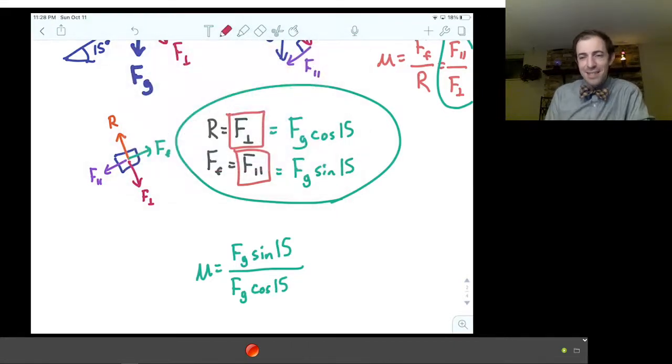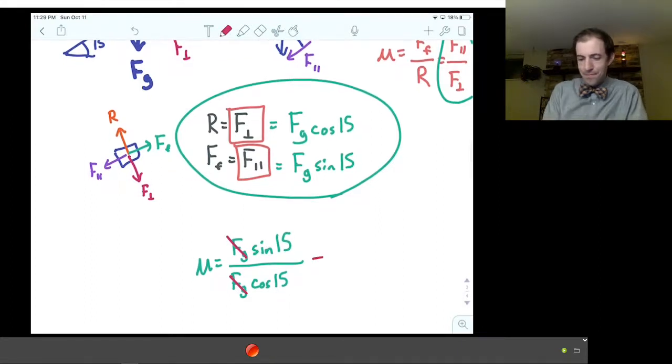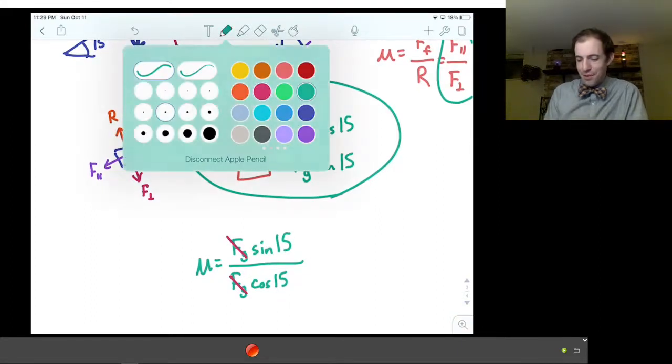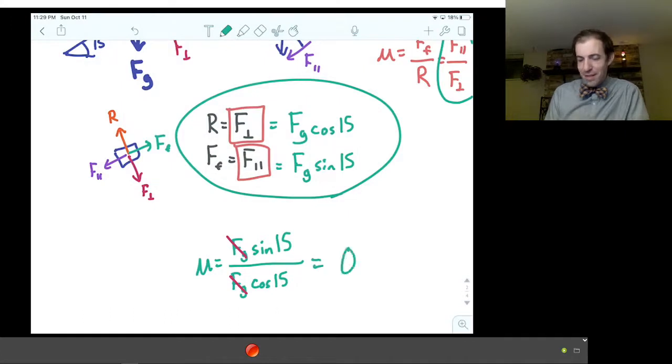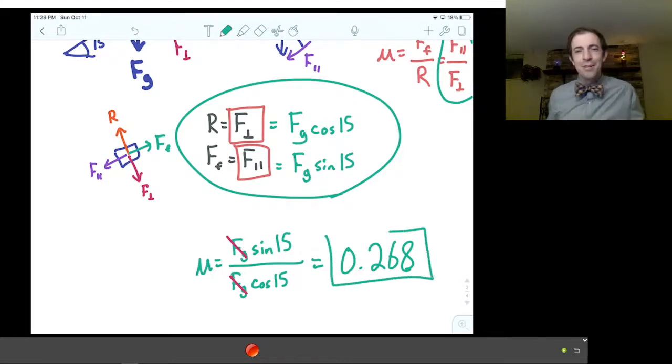Notice that Fg is on both sides of this equation, so I'm left with just the sine of 15 divided by the cosine of 15, which gives me a coefficient of static friction of 0.268. Coefficient of static friction is a unitless number, so I know that that is the value for me.